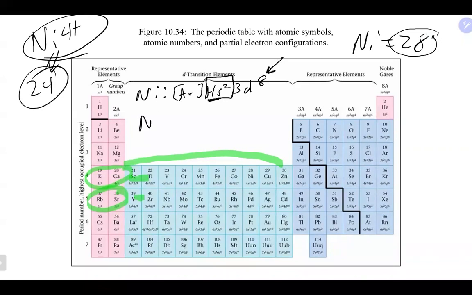That gives us a configuration of, using the shorthand, argon 3d6. Any questions on that? Which again would be 1s2, 2s2, 2p6, 3s2, 3p6, and then 3d6 at that point. Any questions on things with charges and electron configuration?